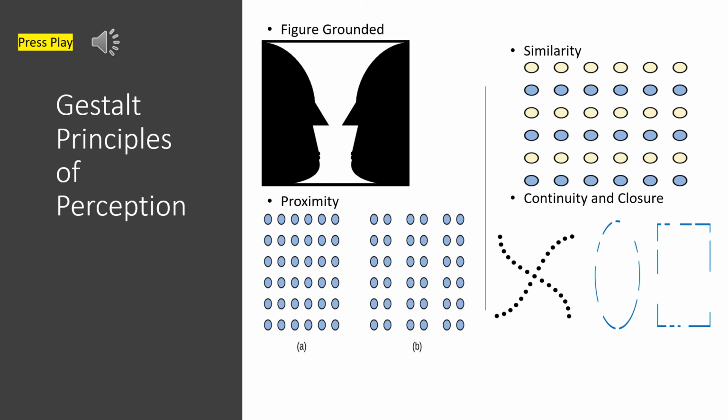With continuity, that X shape, we just think that it's going to continue. And closure, we don't need to see the lines to know that that is an oval and that is a rectangle. It's really not an oval and it's really not a rectangle. But when we look at it, we close the figure.